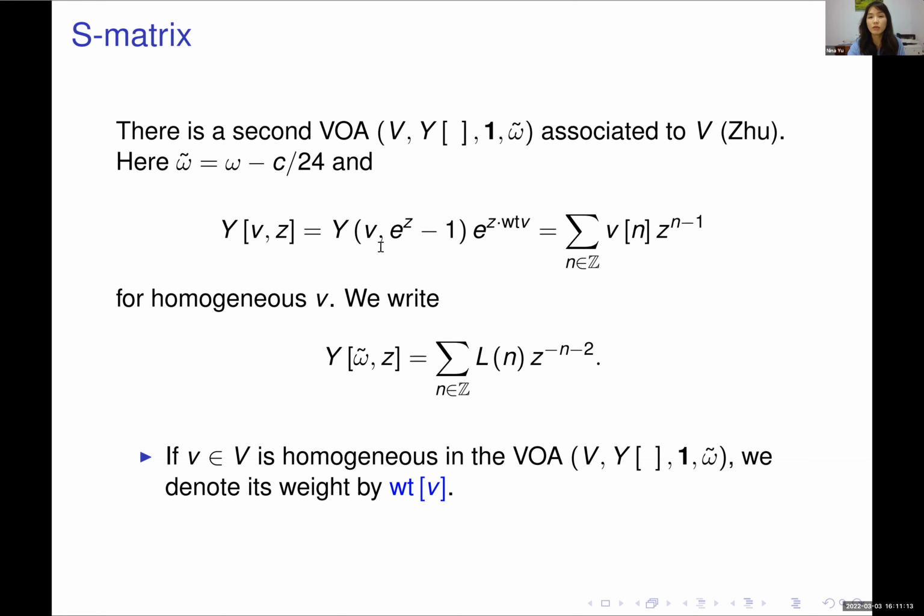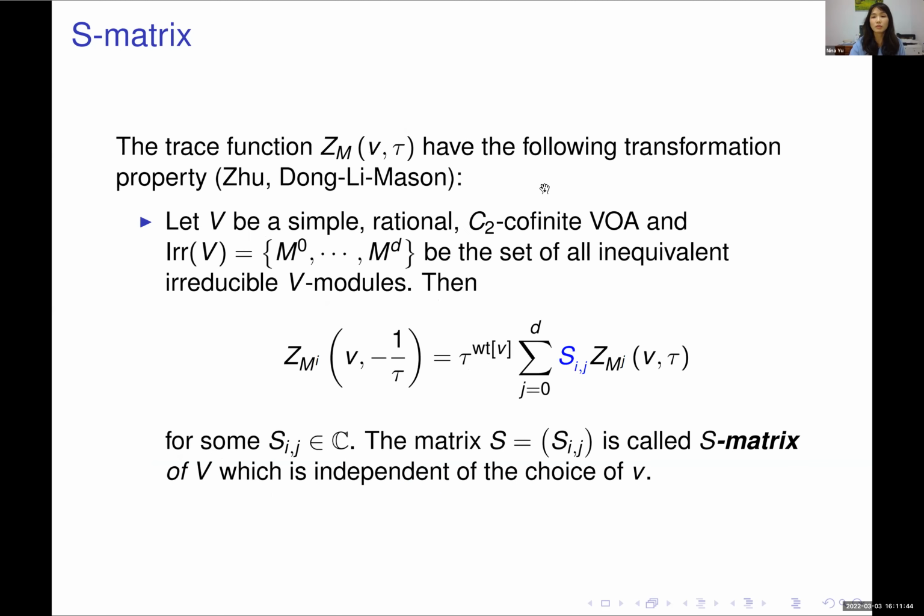The relation of the new operator and the original operator is this equation here. Later you will see this notation. When v is a homogeneous element in the second VOA structure, the weight is denoted by weight bracket v. This means that v is homogeneous in the second VOA structure instead of the first one.